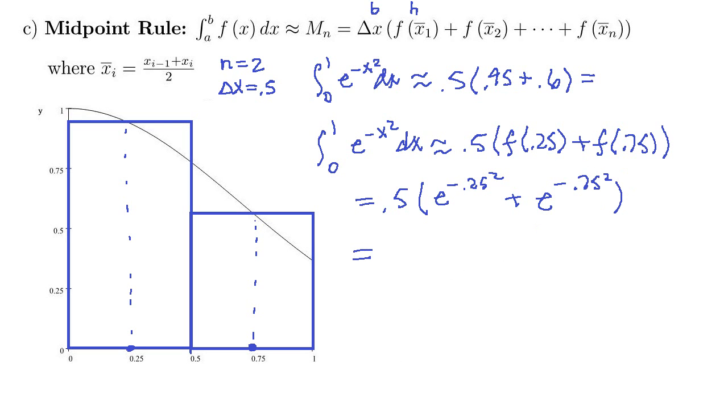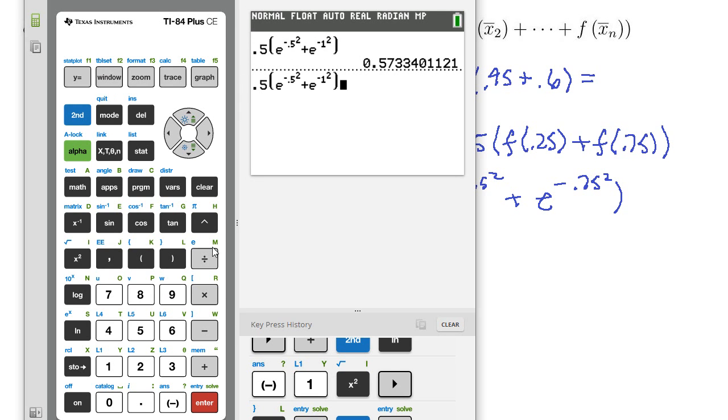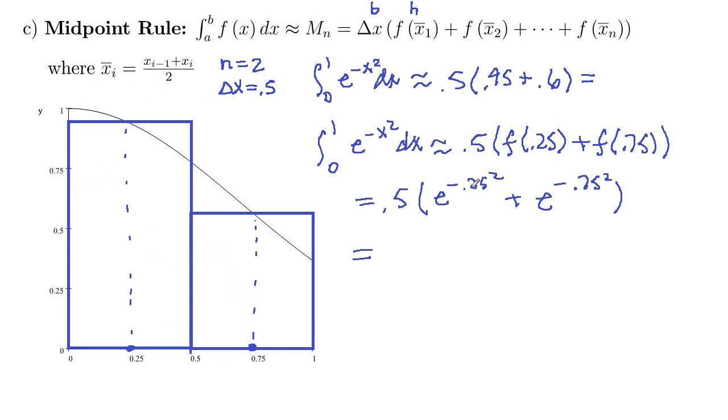So let's compute those on the calculator. I'm going to do the second one first because I've got this up in the display. I'm just going to press second enter. That will let me go back in here and edit. So for the 0.5, I want to change that to a 0.25 right here.